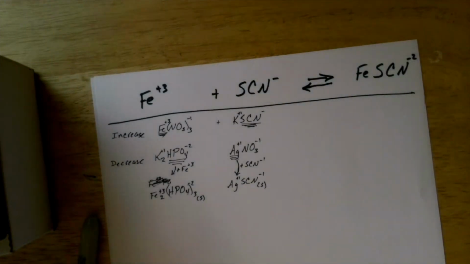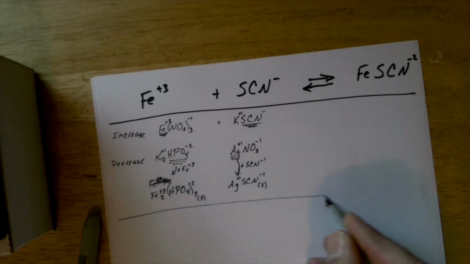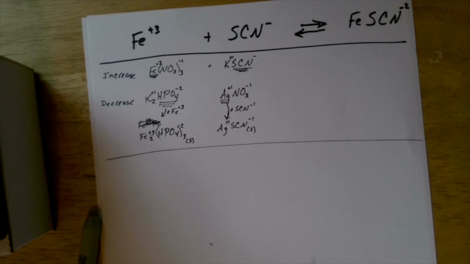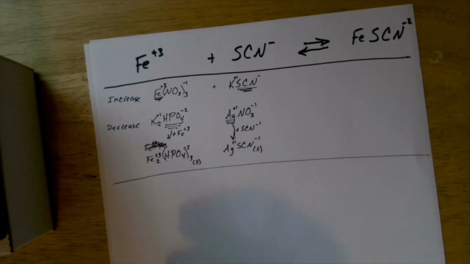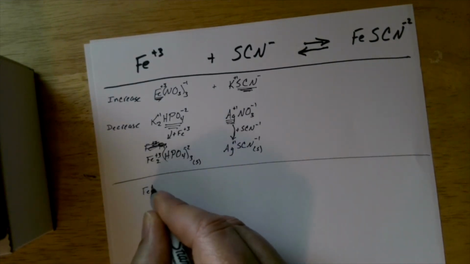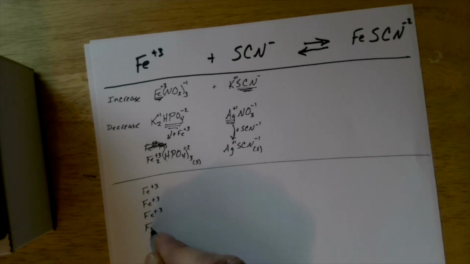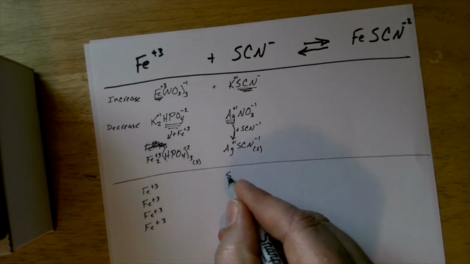So let me put this and give you a little bit more of a graphical means of what's going on. All right, so you get the picture. There's a large amount of iron. I'm just going to make a few of the irons. And some thiocyanates.